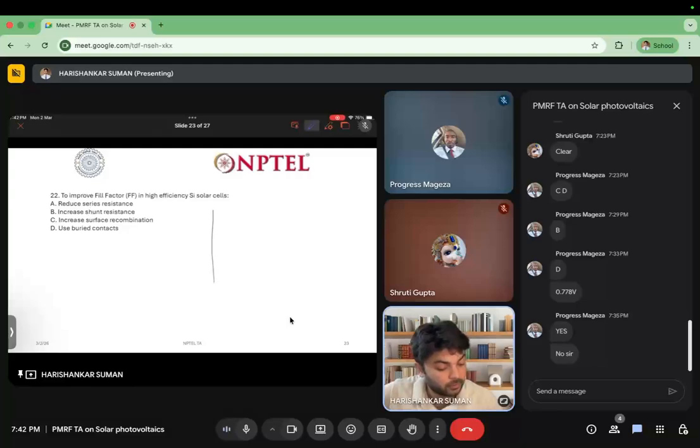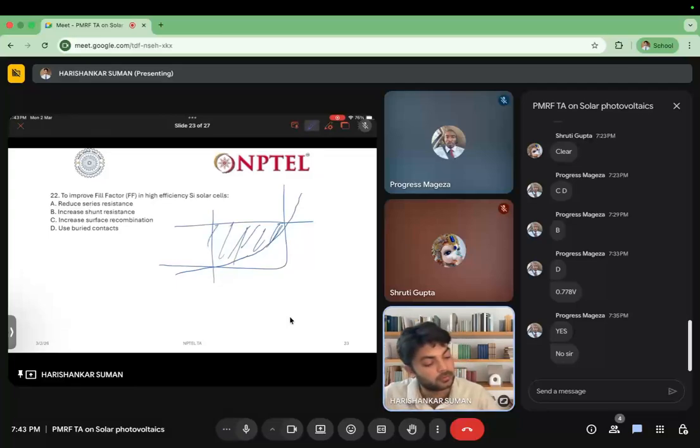Fill factor is the area under the curve, with respect to the rectangular one, the area of the curve relative to the rectangle gives you the fill factor.